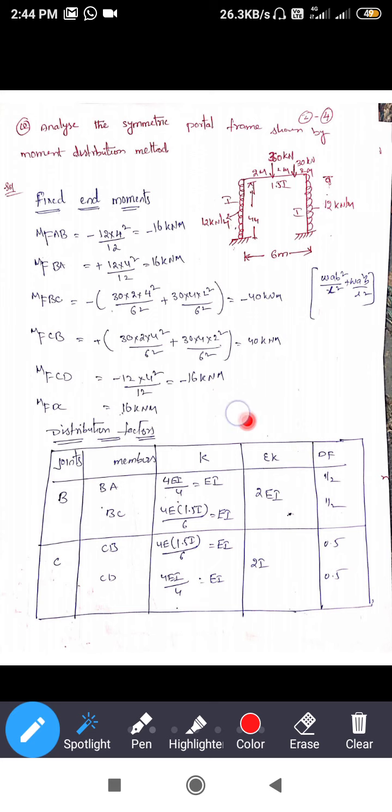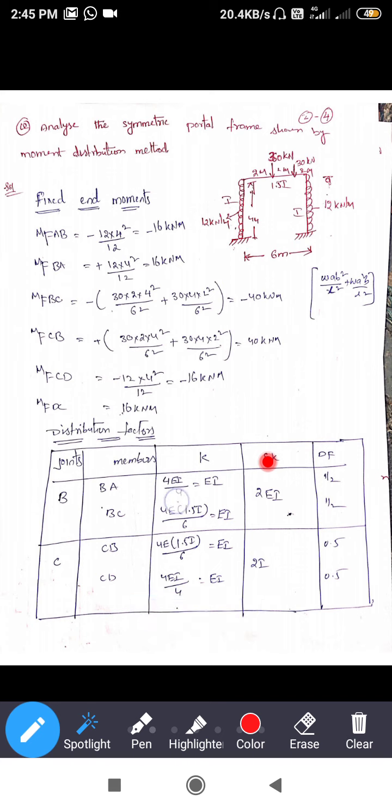So 4EI by L. Here L is 4 meter, so I am taking it as 4. So the value is EI. In the same way the BC span: here I is 1.5 I, so I am taking 1.5 I in place of I. Here the length is 6 meters. So we got EI here also. So total we can add these two values at joint B, that is the summation of stiffness constants.